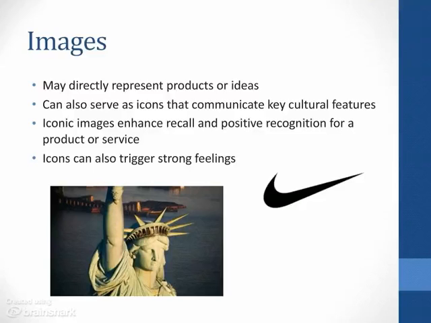So often when you see things having the Statue of Liberty, what's the first word that comes to your mind? It's probably freedom. The Nike swoosh is another example of an icon that doesn't really have any direct representation of a particular product or idea, but we all know that it stands for the Nike shoe brand.